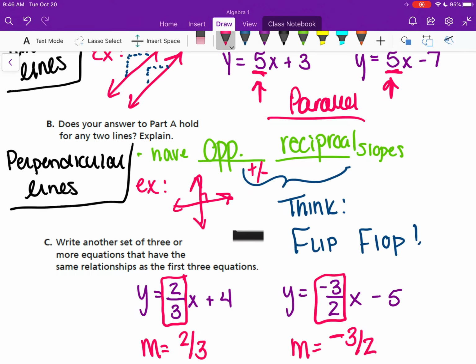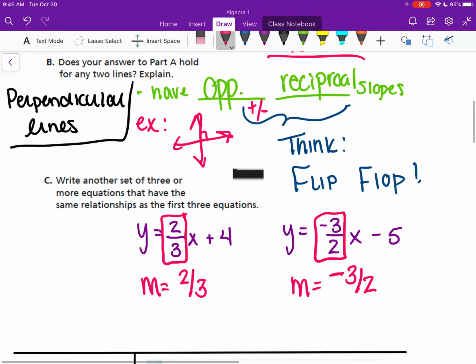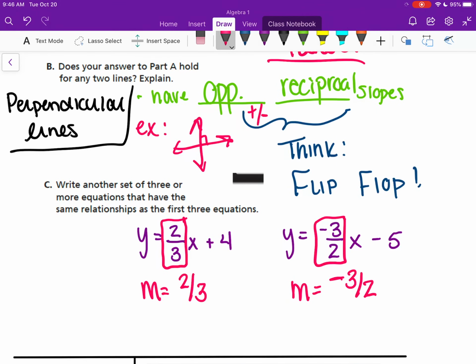This is an example of opposite reciprocals. Notice they have opposite signs. One's positive, one's negative, and they have a flopped fraction. Here the 2 is in the numerator with the 3 in the denominator. And in our next example, the 3 is in the numerator and the 2 is in the denominator. It is a true flip-flop.